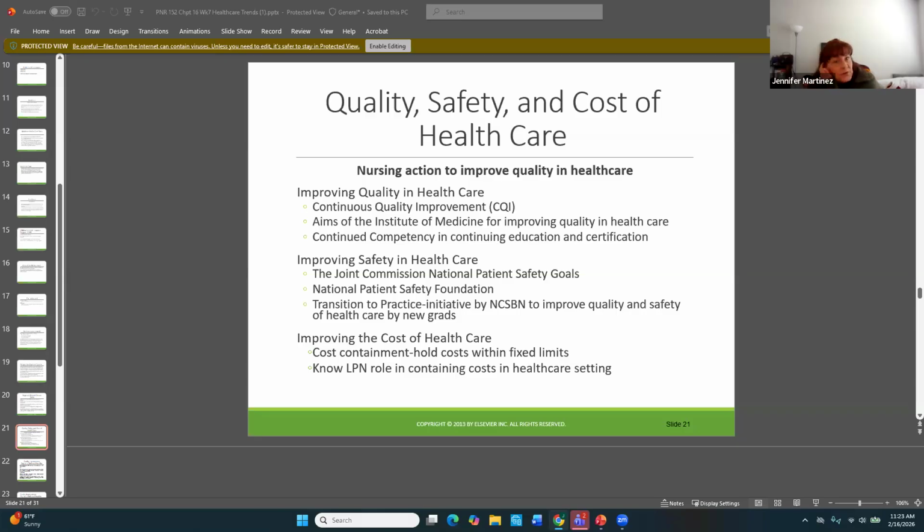I know a lot of hospitals even include simulation and other skills practice as part of this program. So I would like to see it more. Other hospitals, if they don't use the transition to practice from the NCSBN, they have other things like residency programs or other programs for new grads in hospitals.